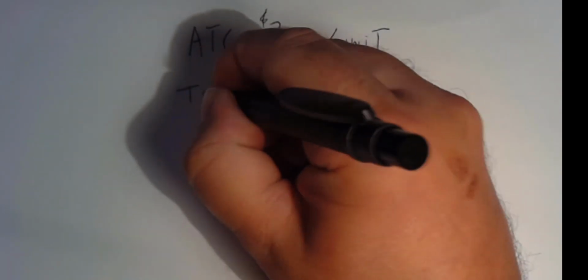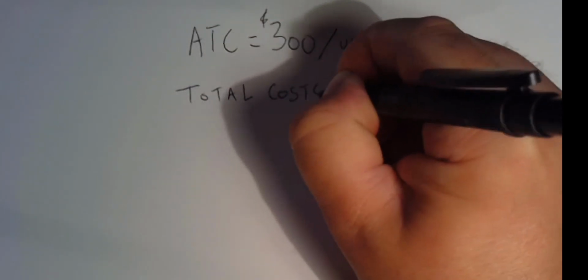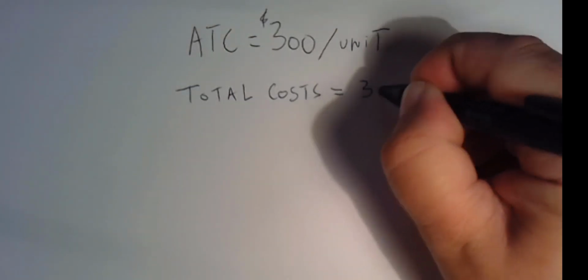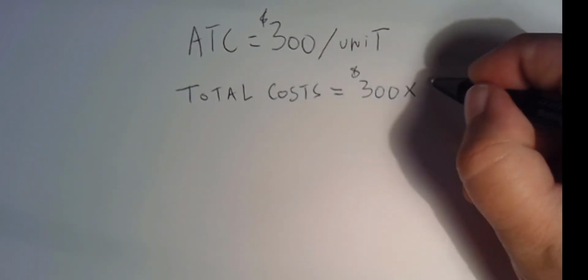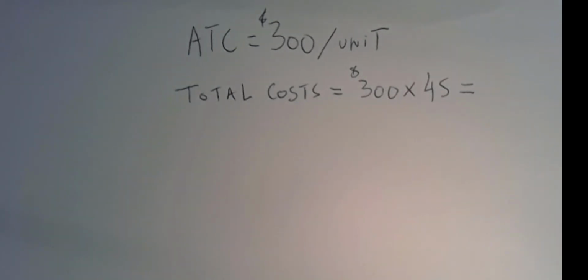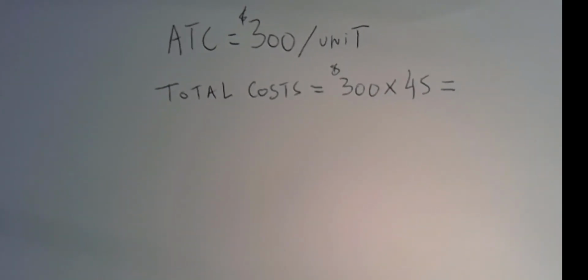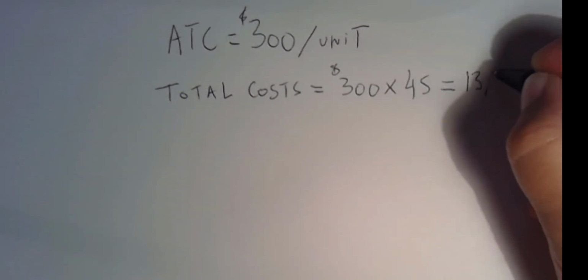So the total costs are equal to $300 times the 45 units produced. And this gives a total cost of $13,500.